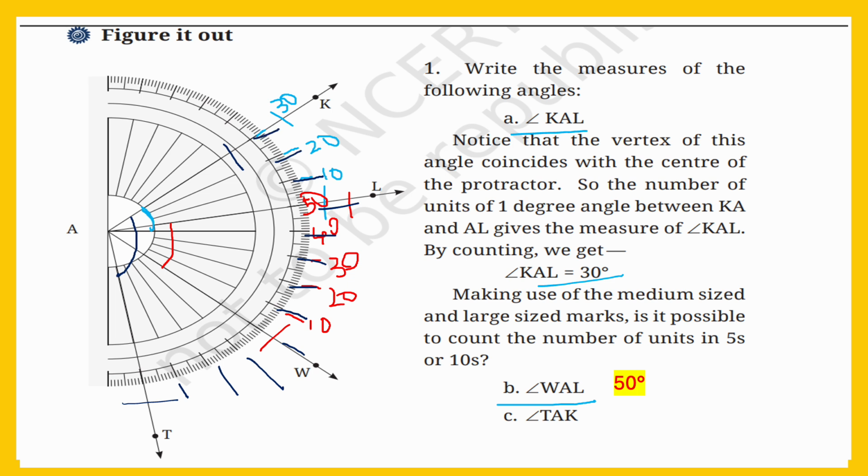So, angle TAK is equal to 120 degree. Okay. This is the same as the sum of angles KAL plus WAL plus WAT, that is 40 degree plus 50 degree plus 30 degree equal to 120 degree.